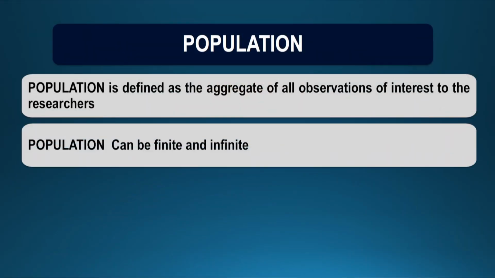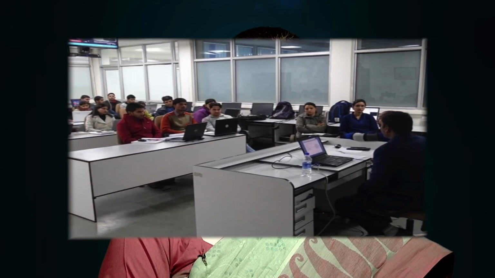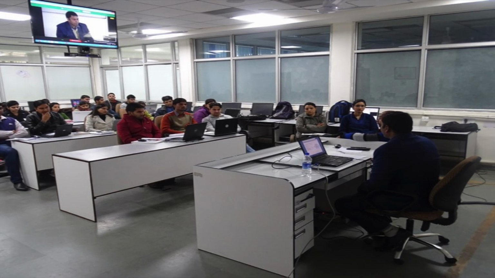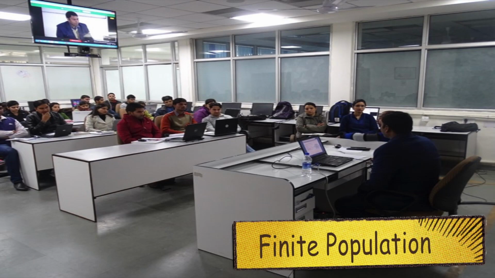Population can be a finite population or an infinite population. If the researcher wants to study the academic performance of all third semester students of Master of Engineering branches in a given technical institution, that population is considered a finite population.